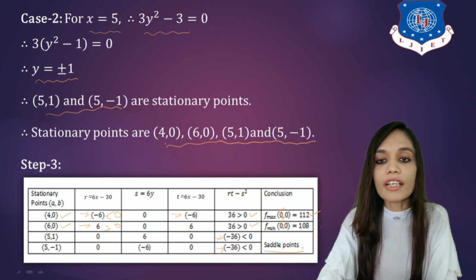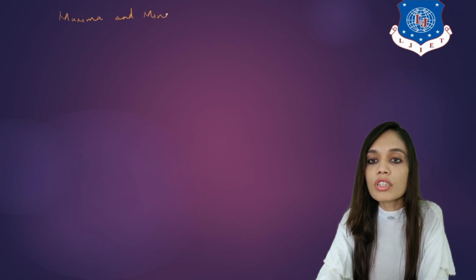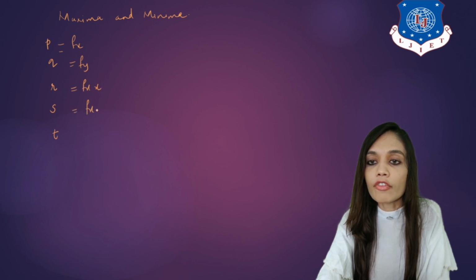So in today's lecture, we have discussed the most important method to find maxima and minima, right? So there are few steps. That is, first we have to find p, q, r, s and t, where our p is fx, q is fy, r is fxx, s is fxy, t is fyy.